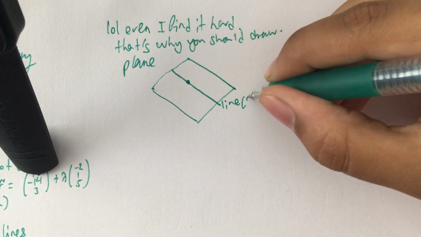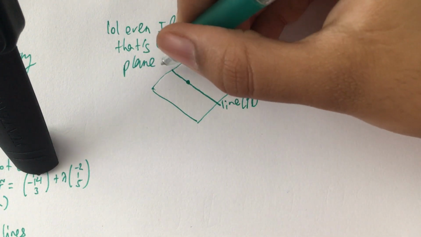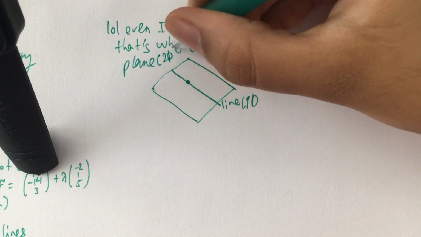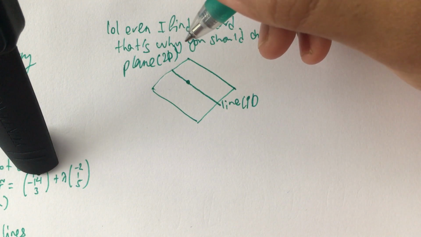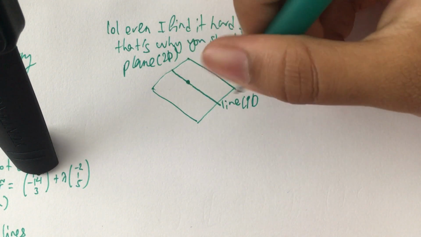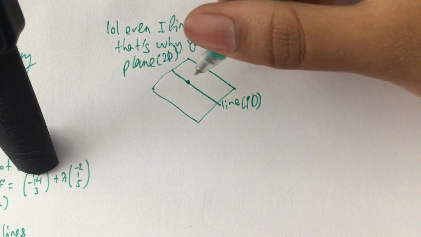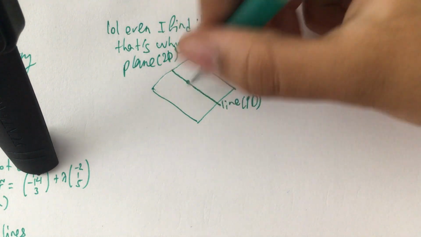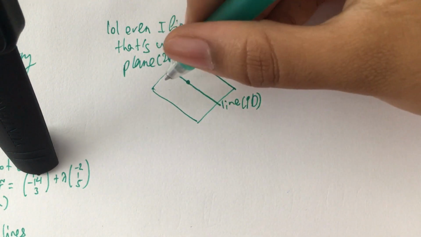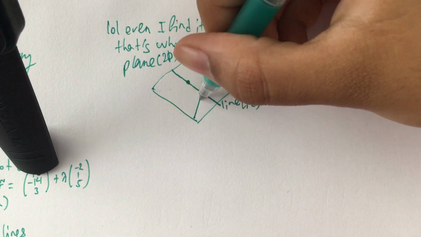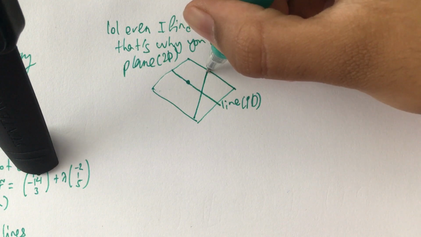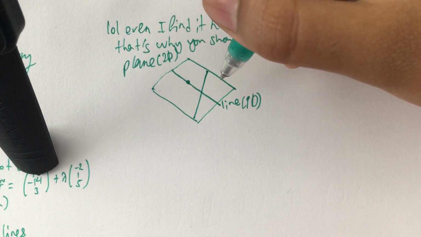If you put a line on a piece of paper, it will look one-dimensional. But if you put a square, for example, on a piece of paper, it will look two-dimensional. So if you have a two-dimensional object in three-dimensional space, you need two different lines to actually locate the plane. Because if you have only one line, there can be an infinite number of planes touching that line, having the line within them.